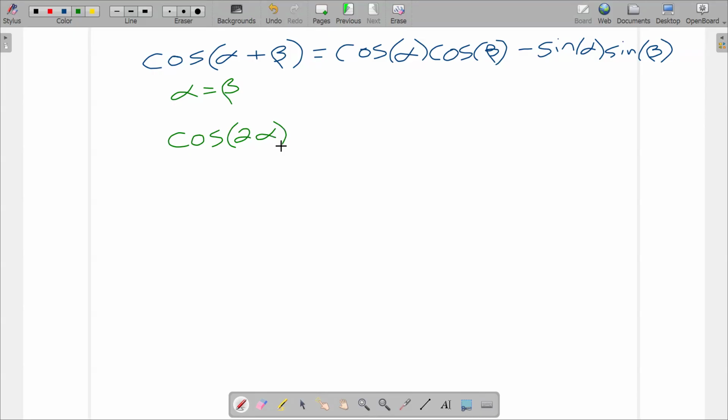And on the right side, it's going to become cosine alpha times cosine alpha, which I could rewrite as cosine squared of alpha. So I'm saying they're the same angle. And then we're going to have a minus, and they're the same angle, so this would be sine alpha times sine alpha, which we could call the sine squared of alpha.